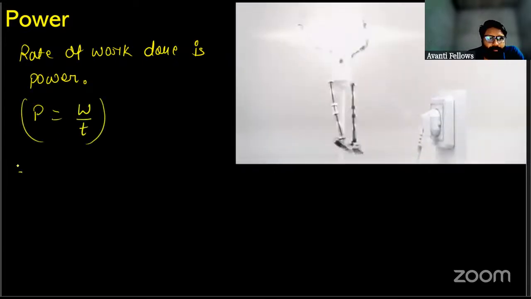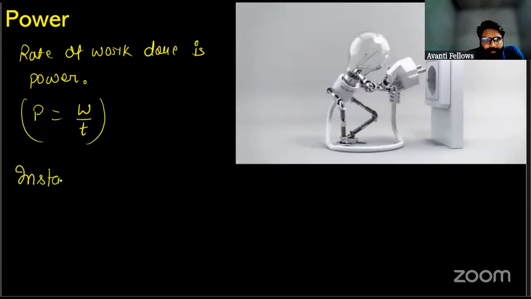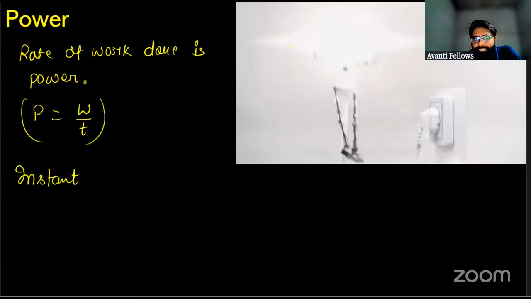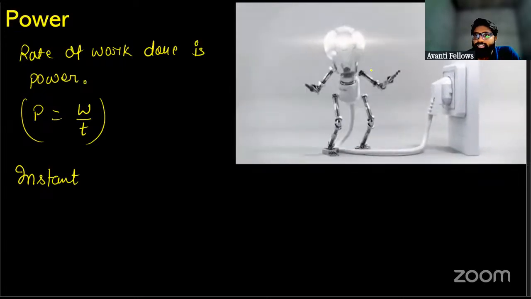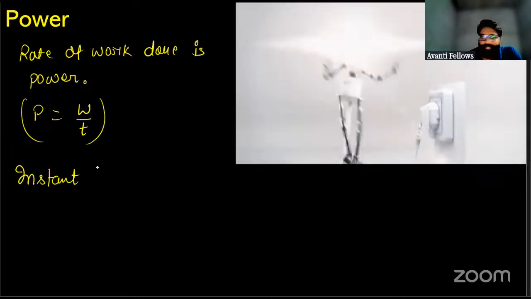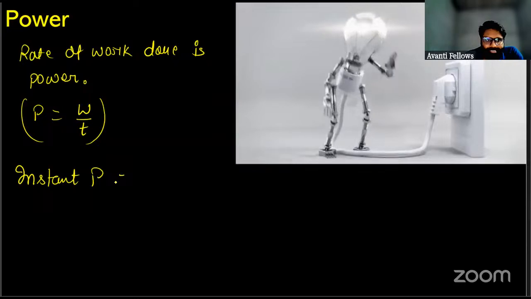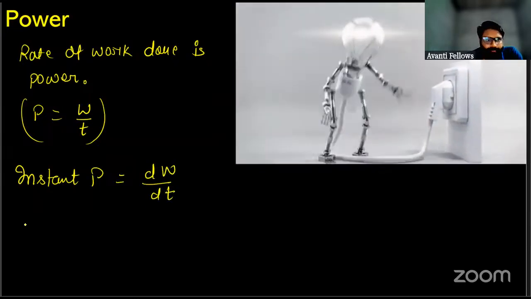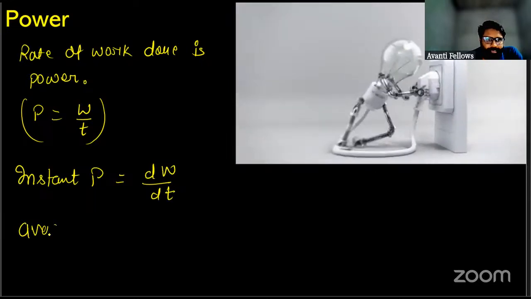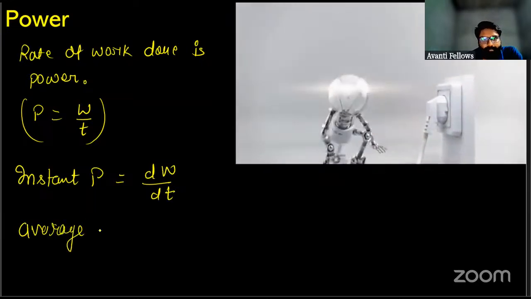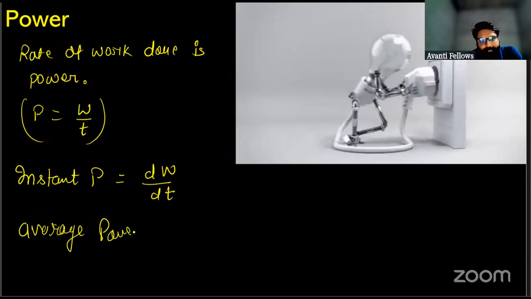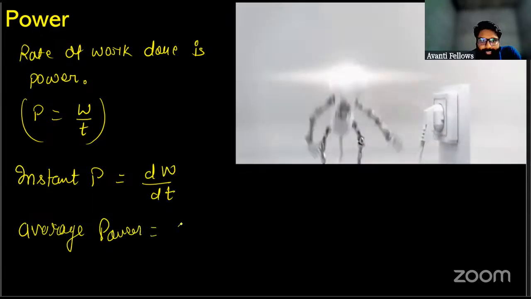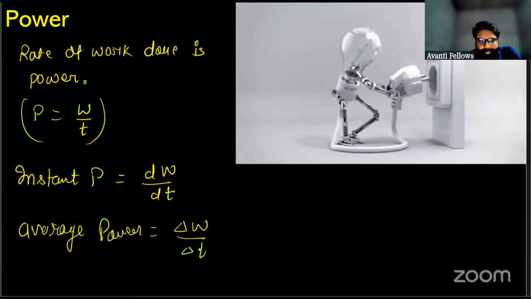There are two types of power. Instantaneous power, like this bulb having an instantaneous power, that's why it is dancing. Instantaneous power is given by dW by dt, and the average power is given by delta W by delta t.